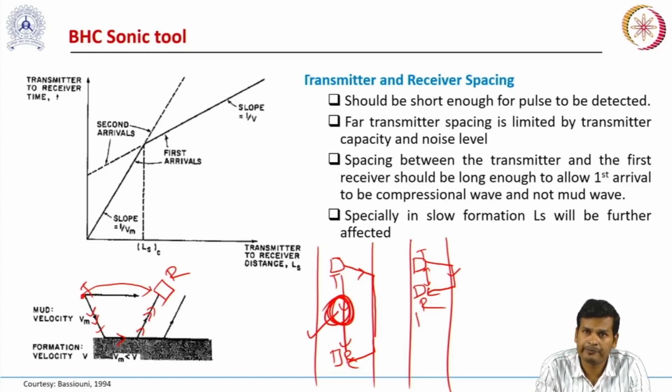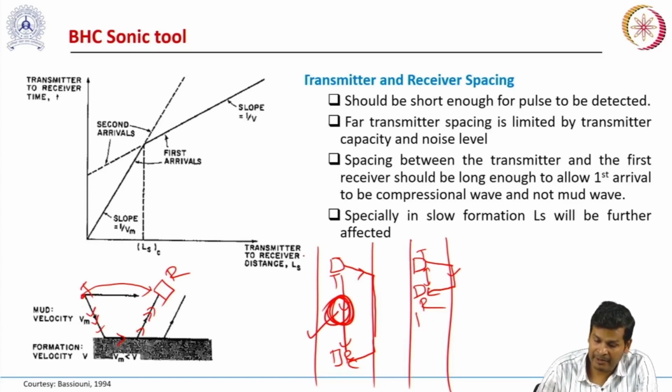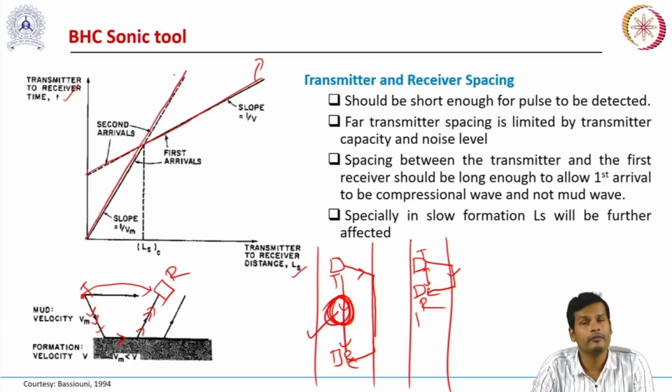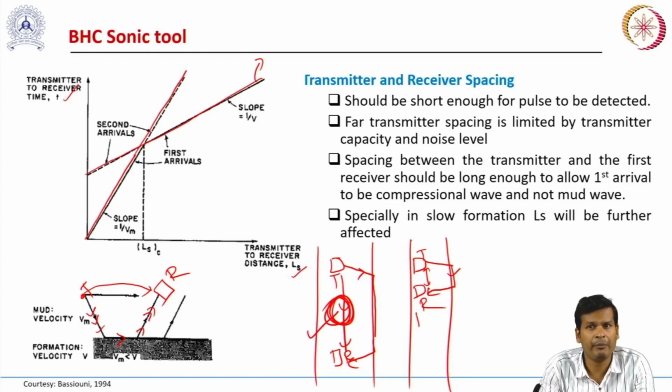As you can see in this graph, we have the transmitter to receiver distance, Ls, and the transmitter to receiver time. This line is for our formation wave, the compressional wave traveling inside the formation, whereas this line is for the mud wave, which travels from transmitter to receiver directly inside our wellbore.